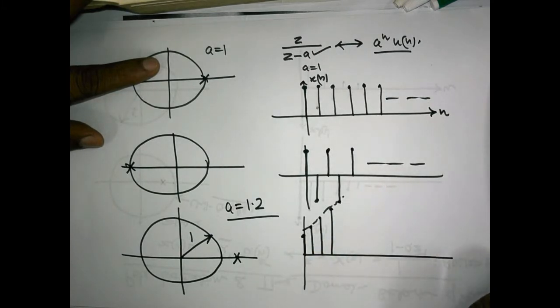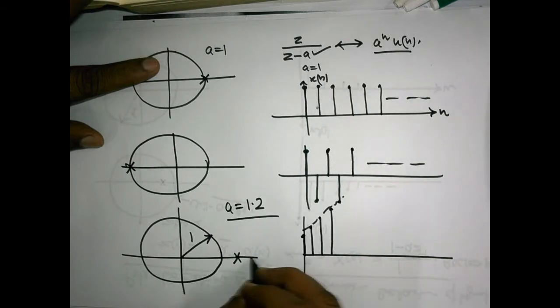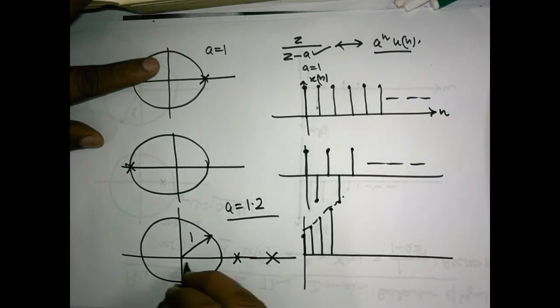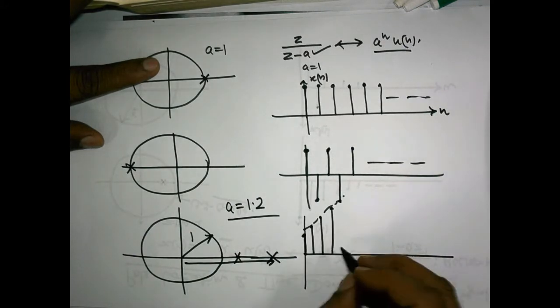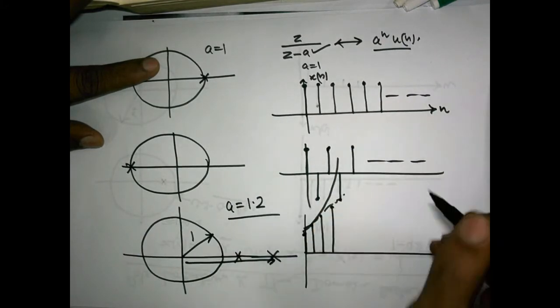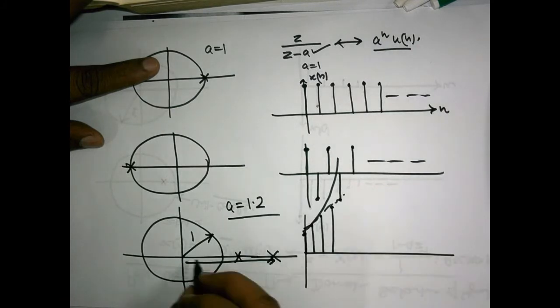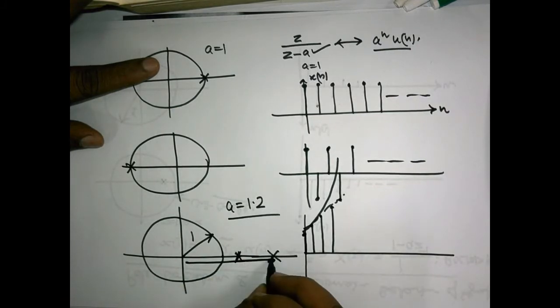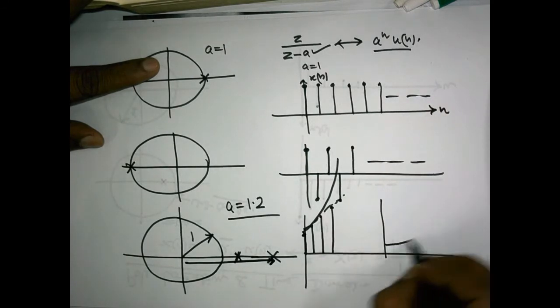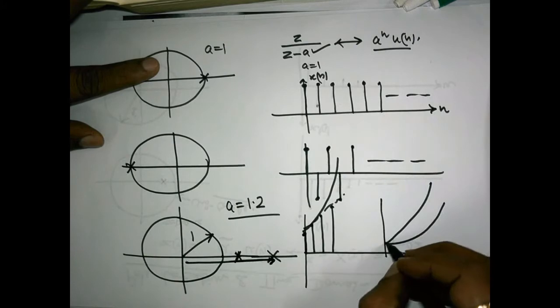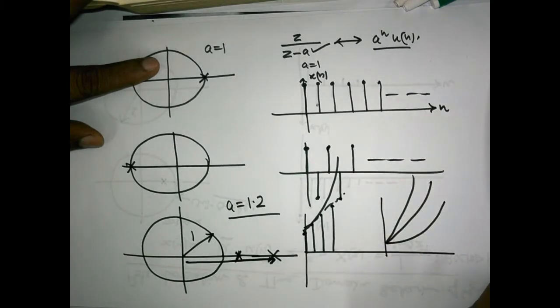And its growth will be faster if this pole goes away from the unit circle. It will grow quite more rapidly if this pole shifts from this location to this location, which is away from this unit circle. So naturally the rate of growth will increase. Getting my point?